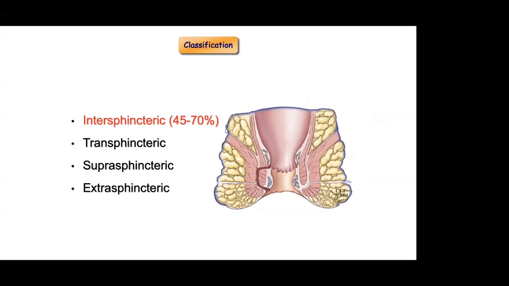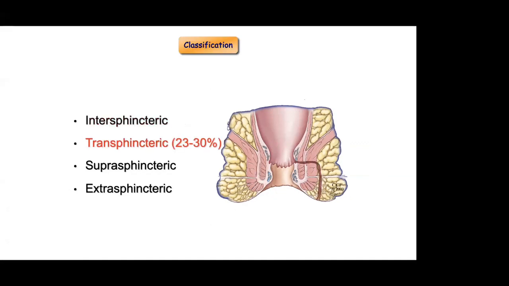In fact, the most common is the intersphincteric one, and this is related to the rationale that fistulas come from sepsis in the intersphincteric space. Of course, this type of fistula may involve the internal anal sphincter and are simple fistulas that may be solved with fistulotomy and simple treatment.